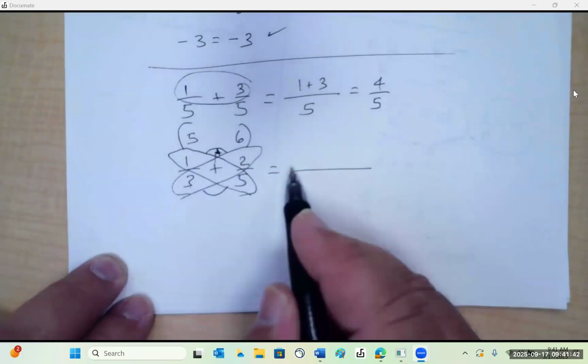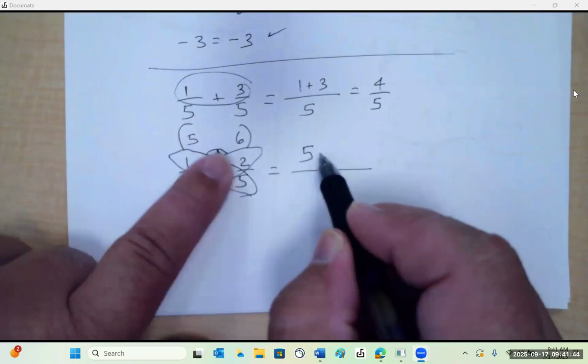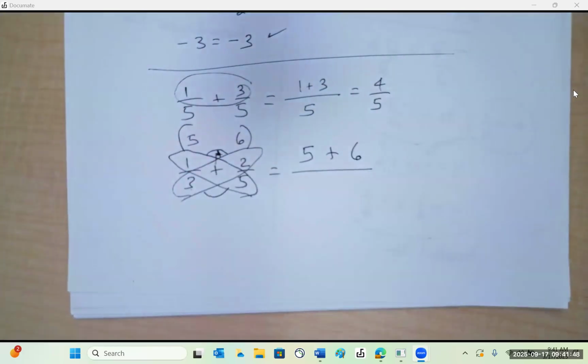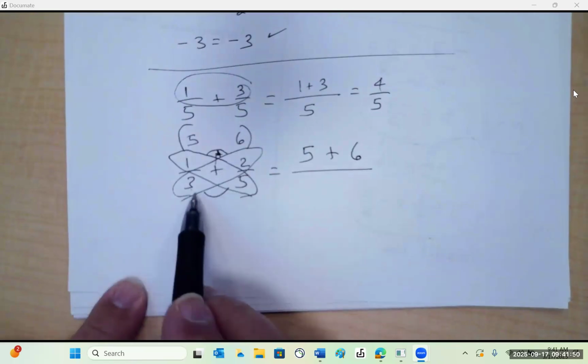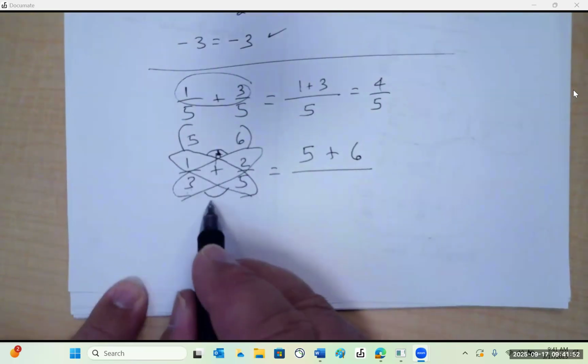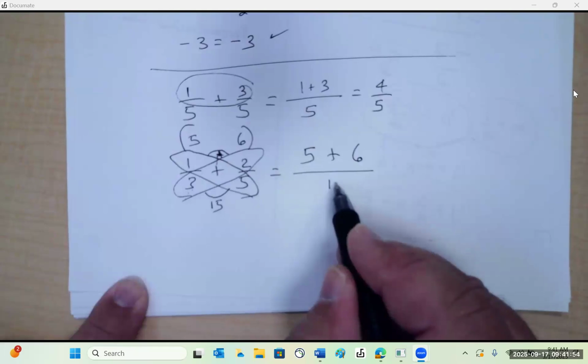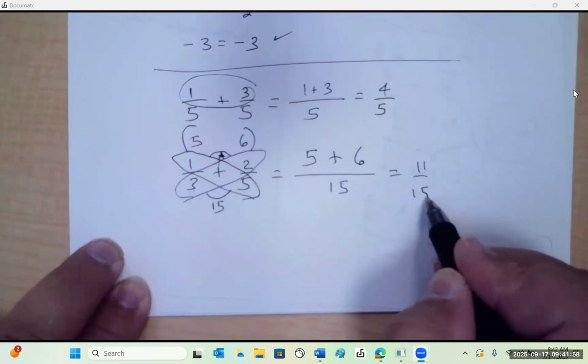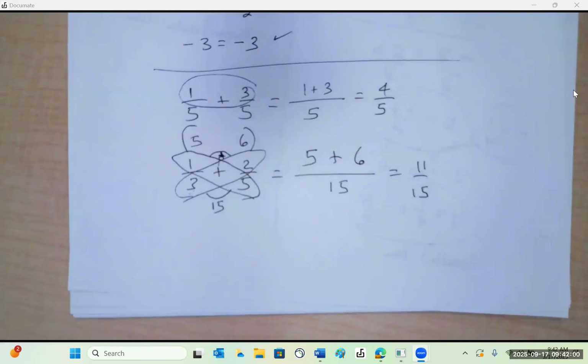So on top, we have 5 plus 6. On the bottom, multiply. 3 times 5 is 15. So the answer is 11/15. It's much easier, much faster doing this than getting a common denominator, multiply, all too much work.